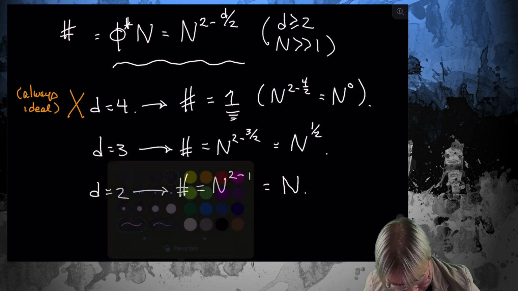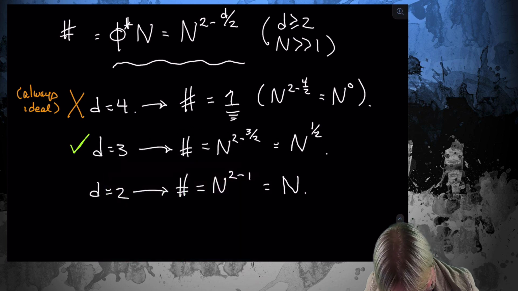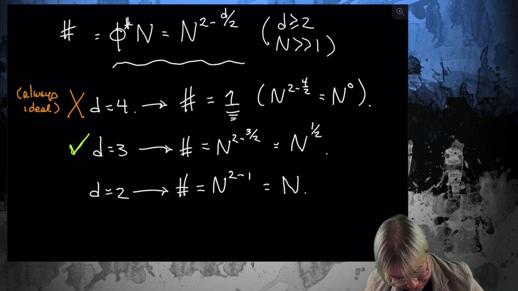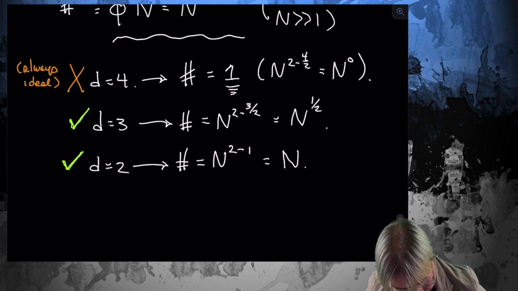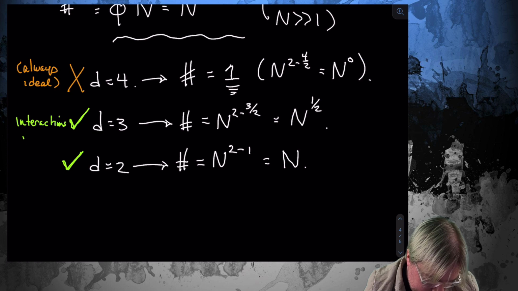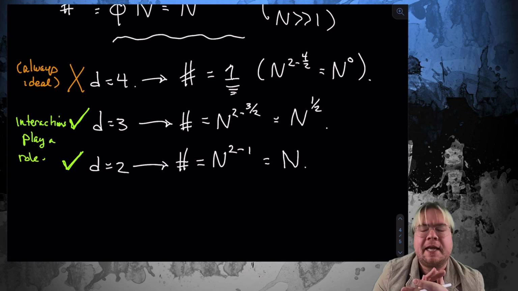In d equals 3 dimensions, n to the 1/2 is not small. It does exist. In d equals 2 dimensions, it's n. So I guess what I'm trying to say here is that you do have interactions, and they play a role in the size of the chain.